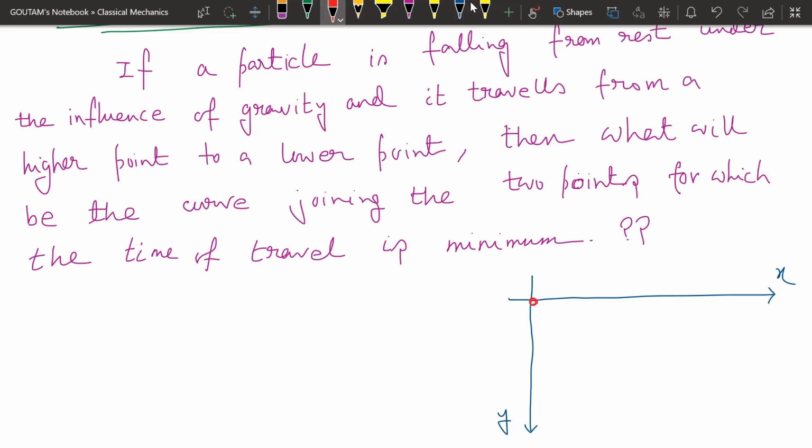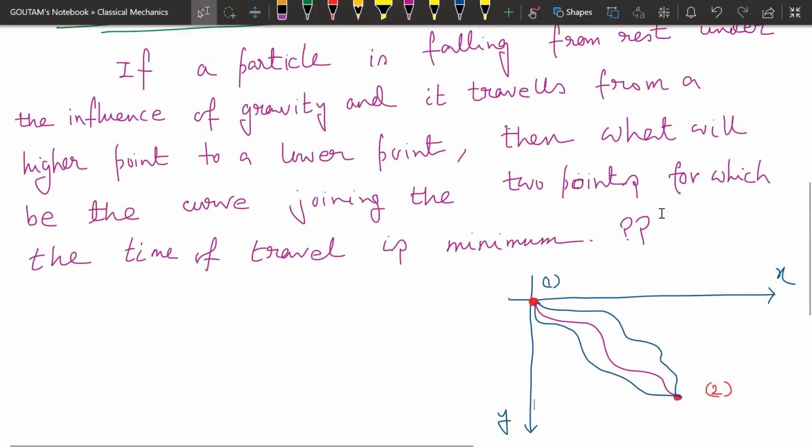Let's say the particle was initially here at point 1, and after some time the particle is falling. So the particle is at point 2, and there can be a lot of paths it can follow.